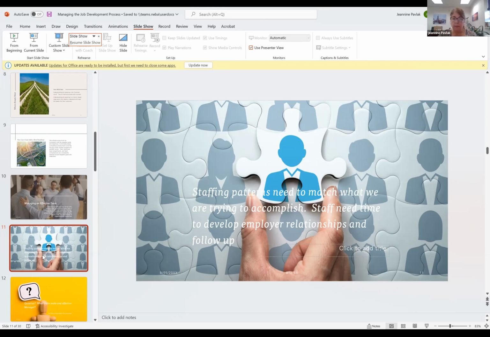Someone needs supports and someone needs to be doing employer engagement and building employer relationships. And so oftentimes staff just get pulled and they don't have the time. Those managers need to make sure that they have staffing patterns so that the staff have time to go out and develop those relationships and continue to follow up.